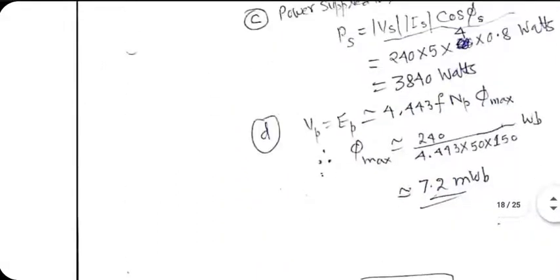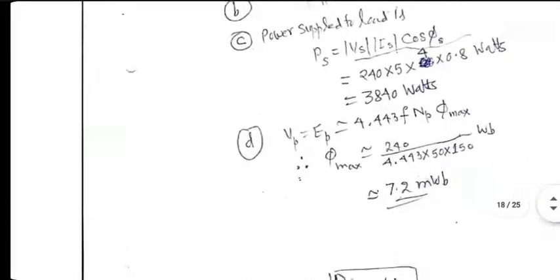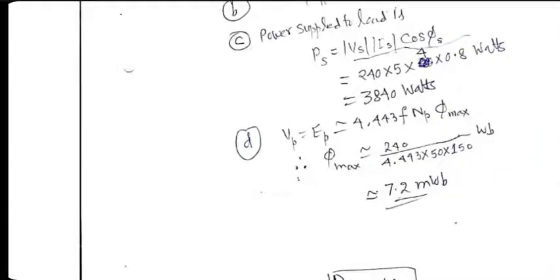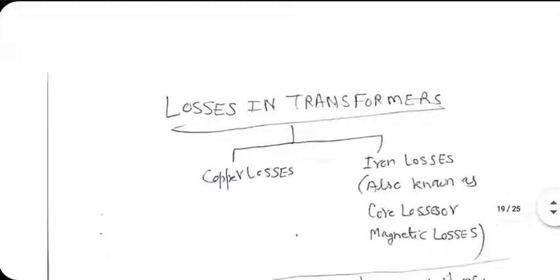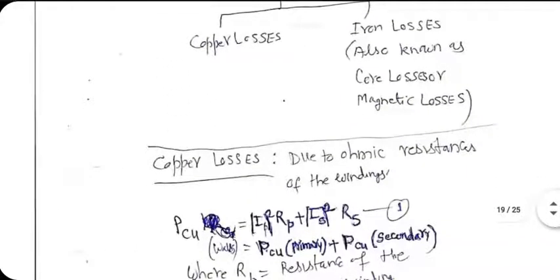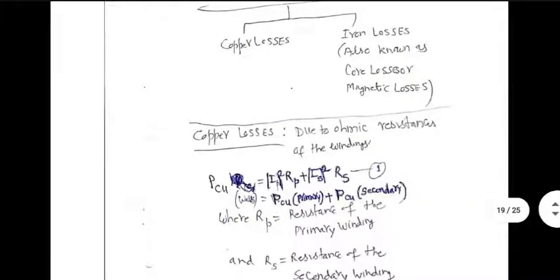This equation would help you in getting that answer. Number of turns in primary is given. EP or VP is also given. That's it. Everything is there except phi max. That makes the task very easy. Okay. Yeah, this is something we have done already. So it's a repetition of things.